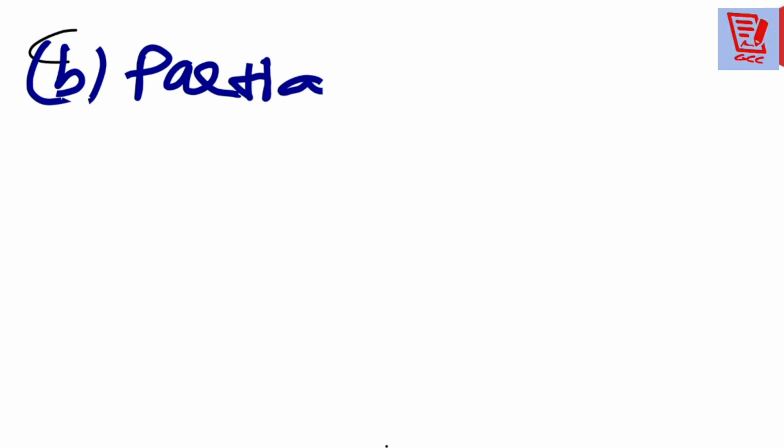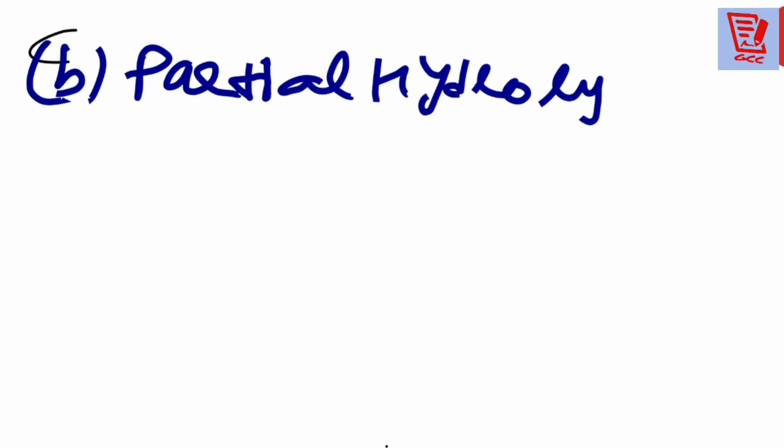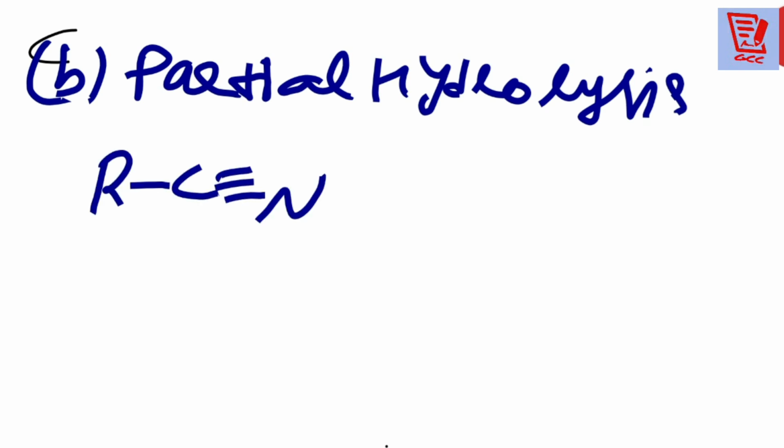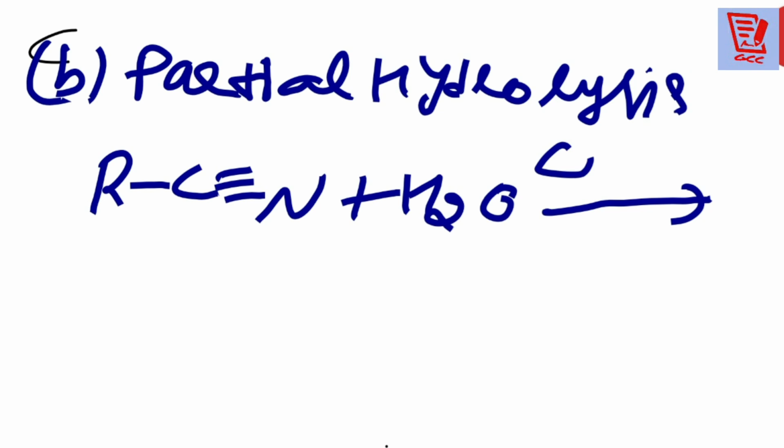Now I am going to do the second part, B part. In the B part we are going to do the partial hydrolysis. We have just done partial hydrolysis, I think. So directly I will write the product: RC triple bond N plus H2O, in the presence of concentrated HCl.